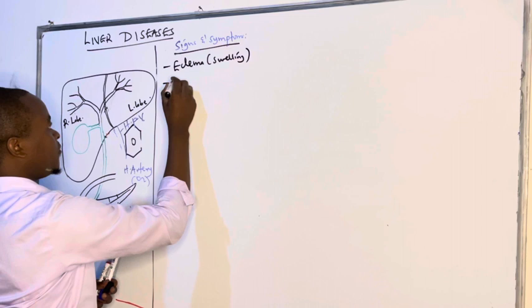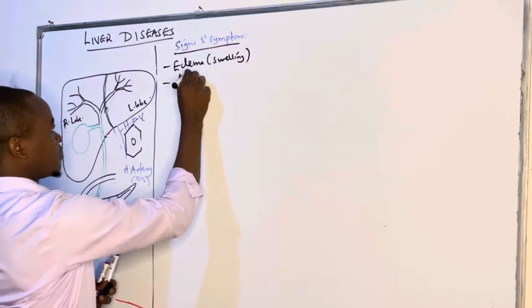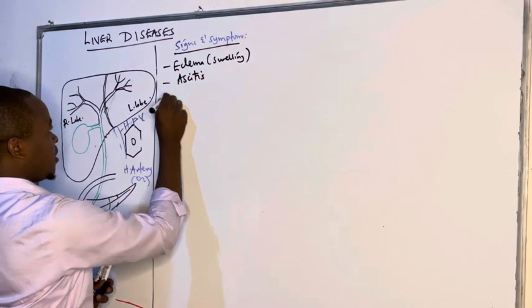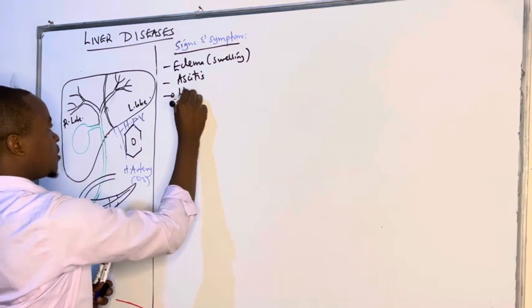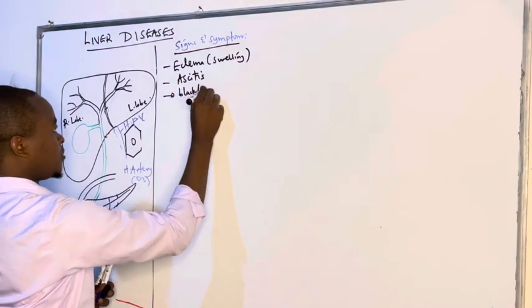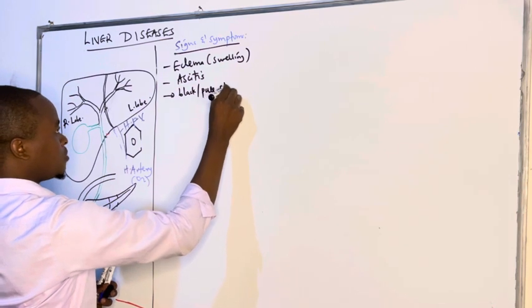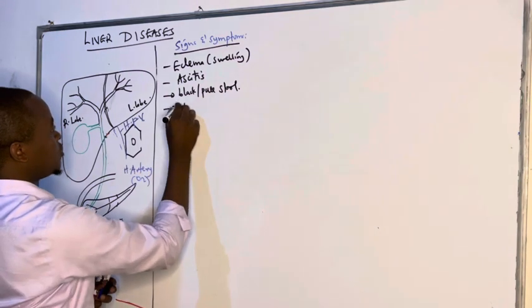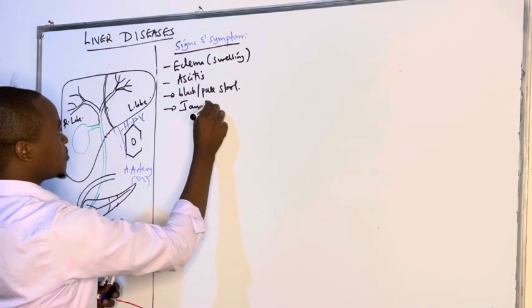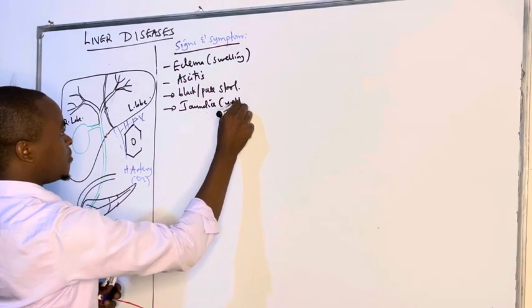We shall have ascites. We shall have signs like black or pale stool. And we shall have signs like jaundice, which is yellowing of the mucous membrane.